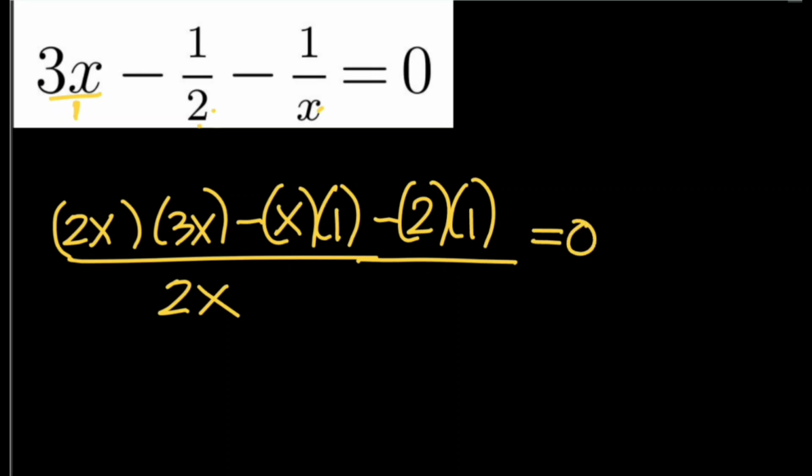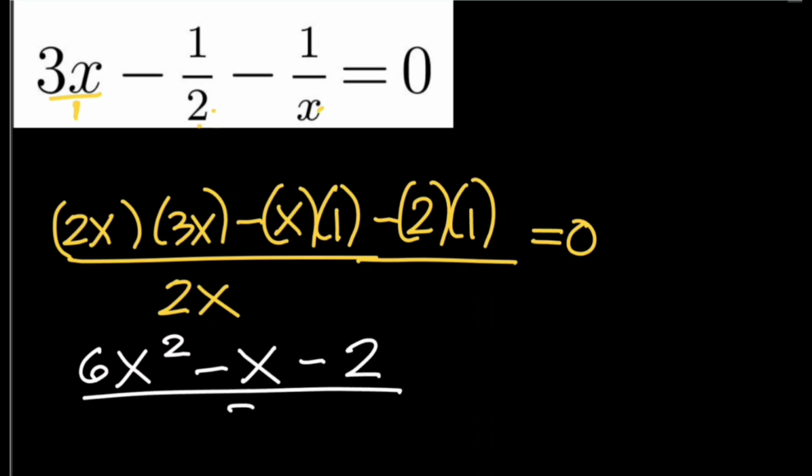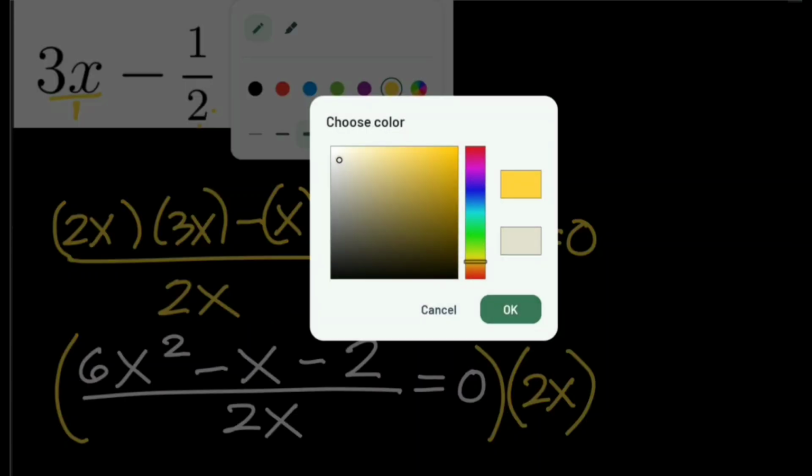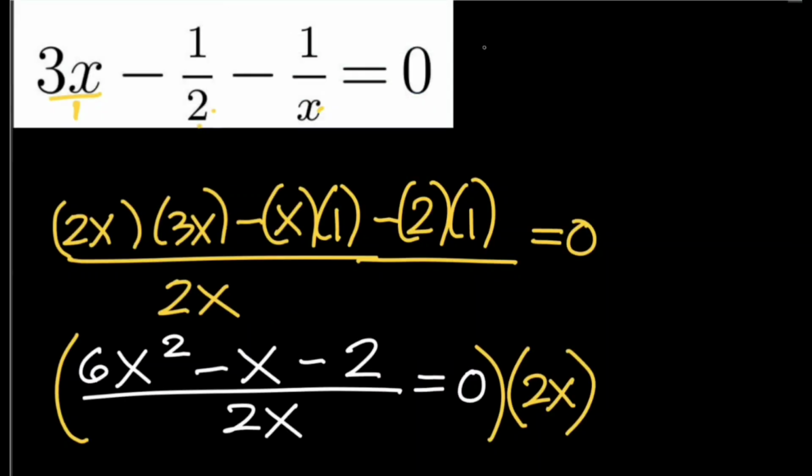And now we simplify the numerator. 2x times 3x is just 6x squared, minus x times 1 is just x, minus 2 over 2x. Then we can multiply both sides by 2x. Then this equation would become 6x squared minus x minus 2 equals 0.